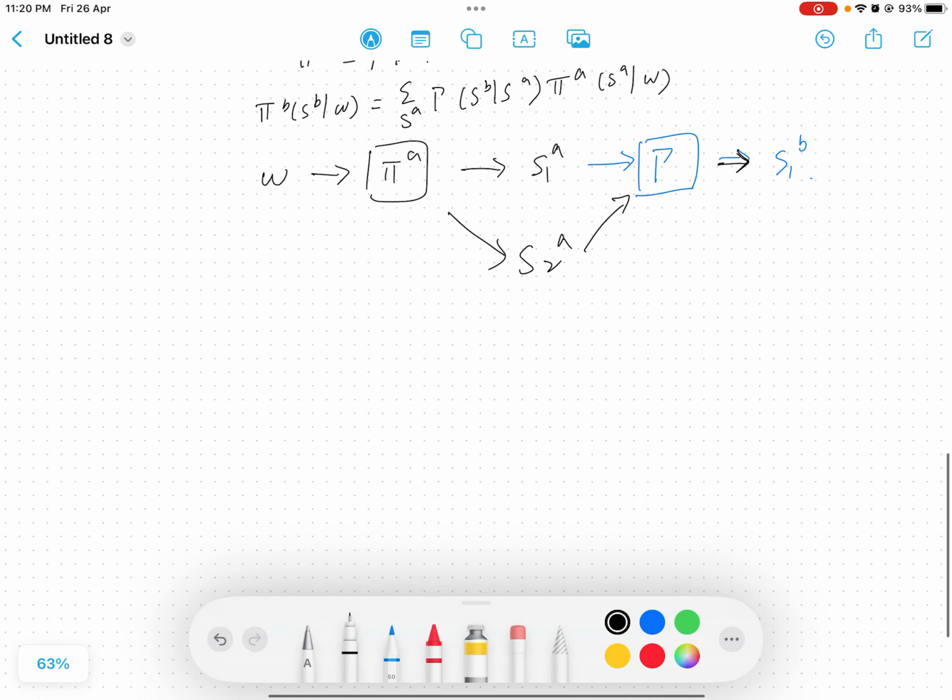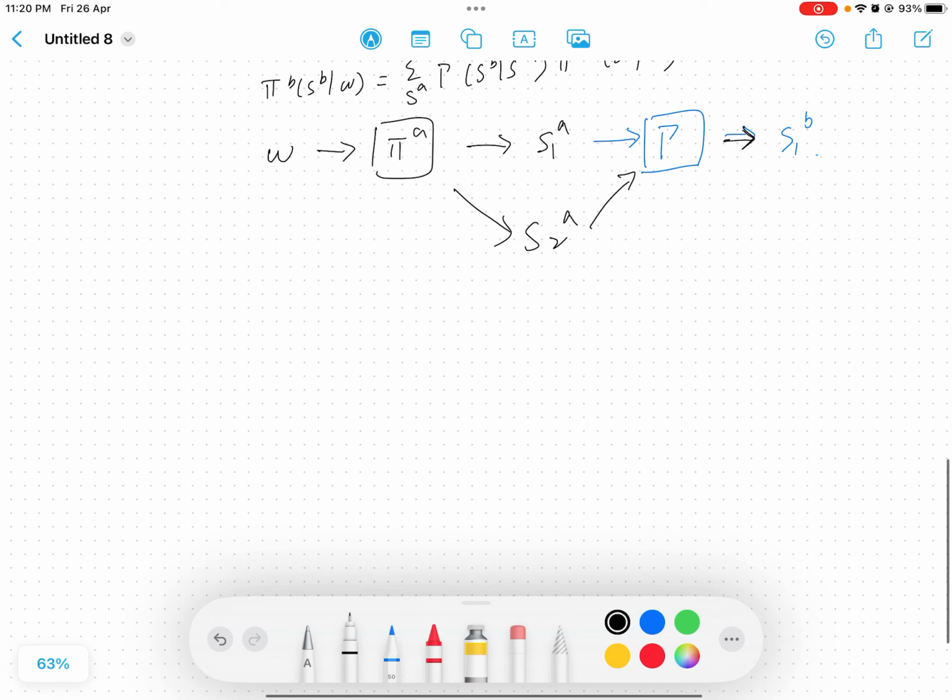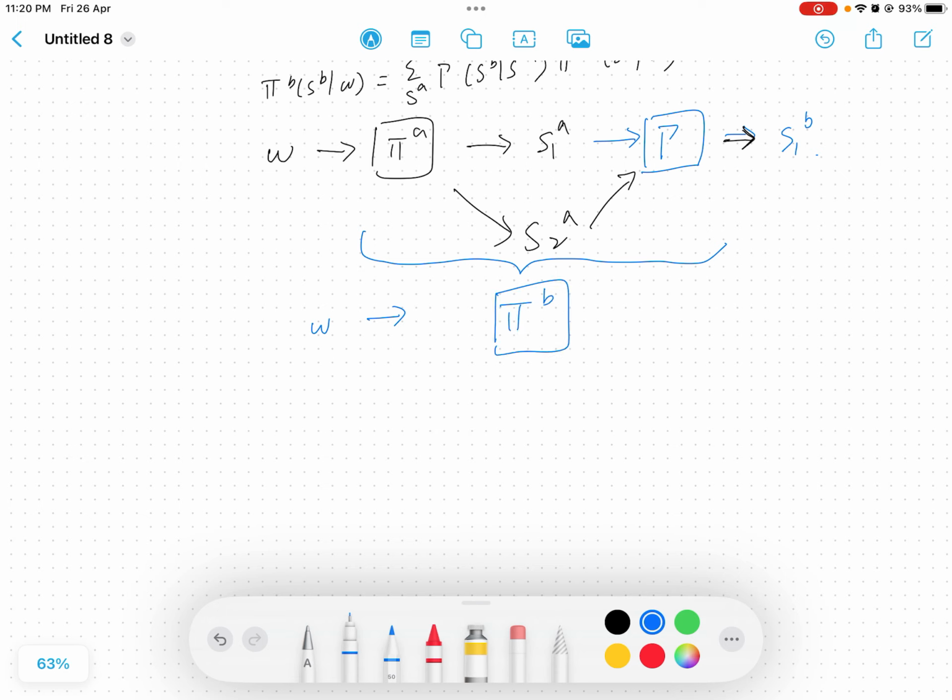Alternatively, we can regard this whole picture as something simpler. We have the state omega, and we combine all of those into our pi b, and it outputs S1b.